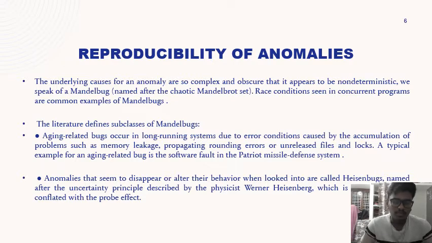Anomalies that seem to disappear or alter their behavior when looked into are called Heisenbugs, named after the uncertainty principle described by the physicist Werner Heisenberg, which is often informally conflated with the probe effect.